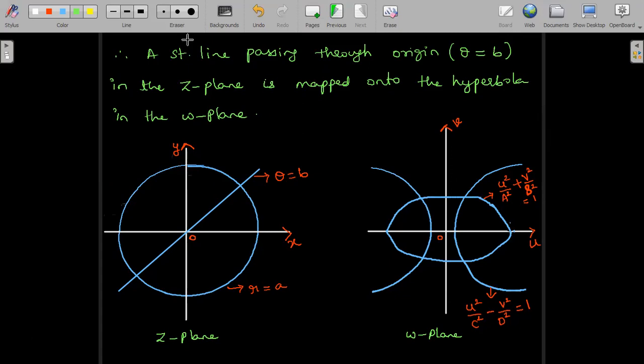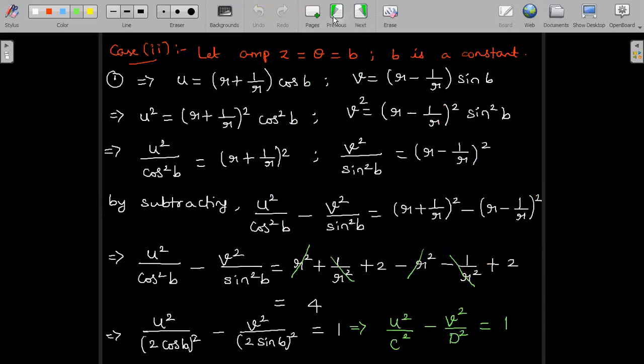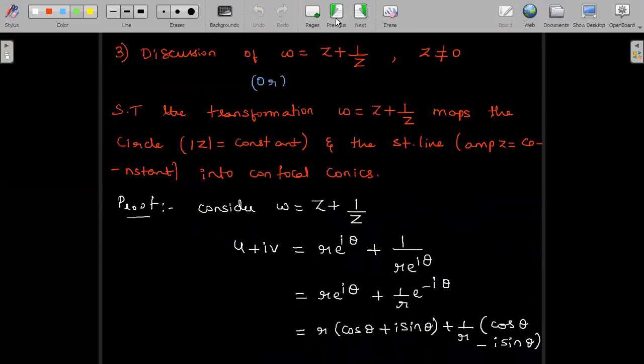And we see that the question says we need to show that these transformations are into confocal conics. Regarding that, both the curves are mapped onto an ellipse equation and a hyperbolic equation, and we know that they both are conics for us. So that is the reason we can conclude that they both map onto confocal conics. So the conclusion says something like this.